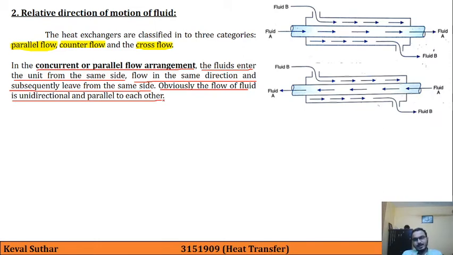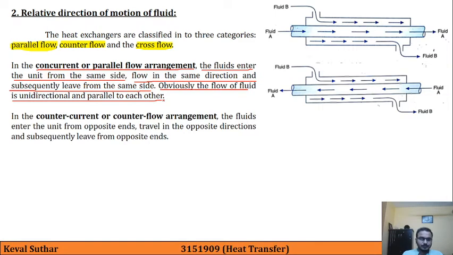Now second case here is completely opposite of our first case, and in this case both fluids are moving in opposite direction. In the counter current or counter flow arrangement, the fluids enter the unit from opposite ends, travel in the opposite direction, and subsequently leave from the opposite ends.